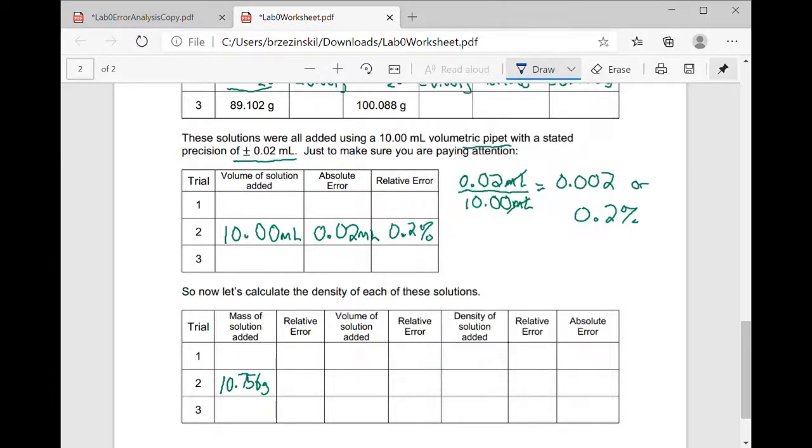So we want the relative error. So we're going to take our 0.002 grams and see what percent that is of the 10.756 grams. So we're going to divide those, and then we're going to multiply by 100 to get the percent, and it ends up being 0.02%.